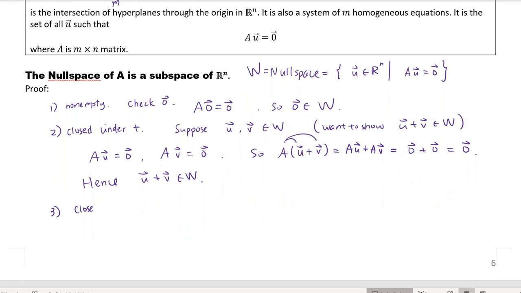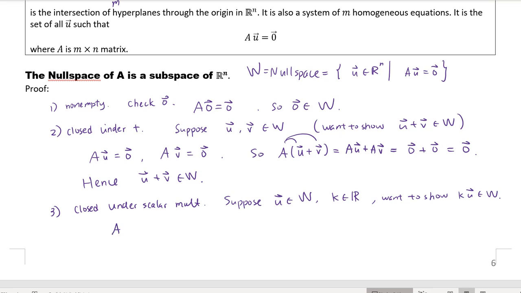Next, closure under scalar multiplication. So suppose u is in W, and let's say k is any real number. Then we want to show ku is in W. Because u is in W, we have Au is 0.